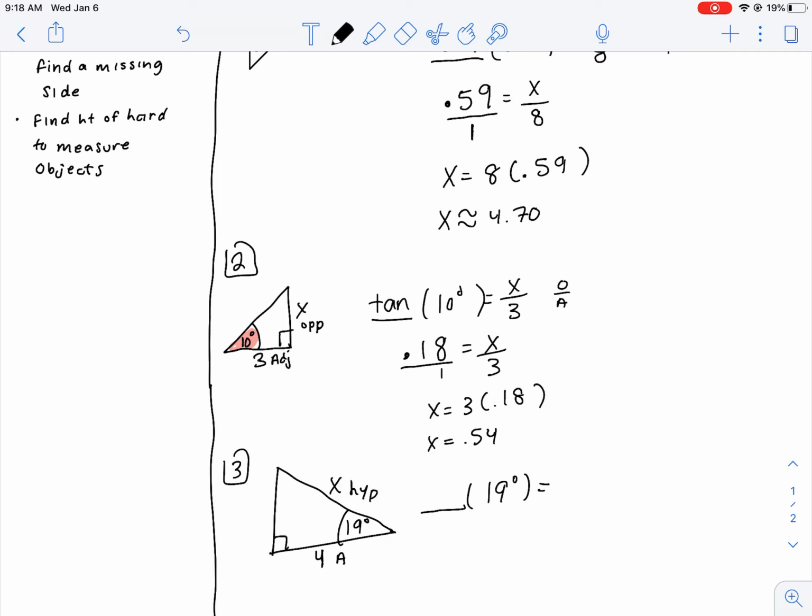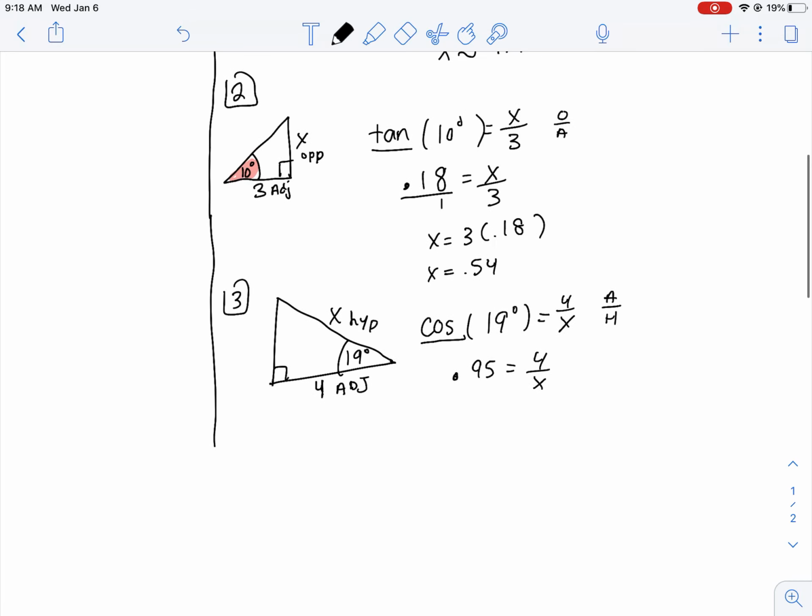And the 4 is next to the 19, so that's adjacent. So what is adjacent over hypotenuse? That's the cosine. So the 4 goes on top and the x goes on the bottom. So cosine of 19 is 0.945, which I'll round to 0.95, equals 4 over x.